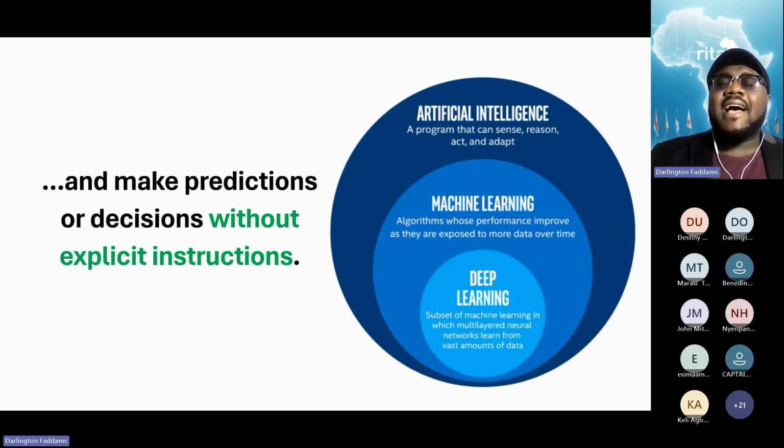The goal of AI is not to take over from humans, but to work with humans, so that things that are repetitive or too time consuming, things that are not supposed to be done by human effort, we use these machines to do them.